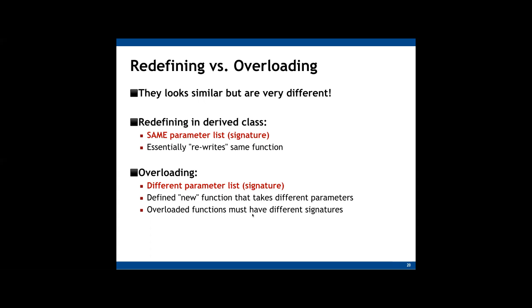So overloaded functions must have a different signature. Redefined functions should have the same function signature. So that's the difference between redefining the member functions in the derived class and overloading a function name. So don't be confused about them.